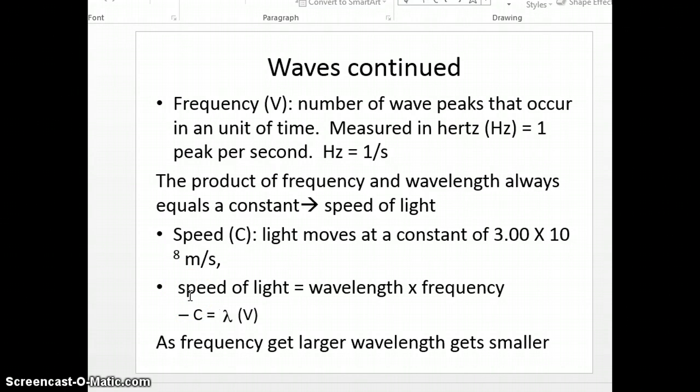That number never ever changes. So if the frequency gets larger, then the wavelength is going to have to get smaller. If the wavelength gets larger, the frequency is going to have to get smaller, and vice versa, because those two numbers multiplied together equal a number that never ever changes. So if one gets larger, the other one has to get smaller, and vice versa.